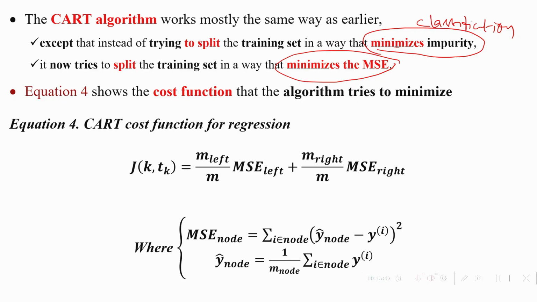Here MSE of a node equals the sum over every element i belonging to the node of (y-hat node minus y_i) whole squared, that is, the predicted value minus the actual value squared, which gives the mean squared error. And y-hat node equals 1/m_node times the sum over i in the node of y_i. That gives the cost function of regression.